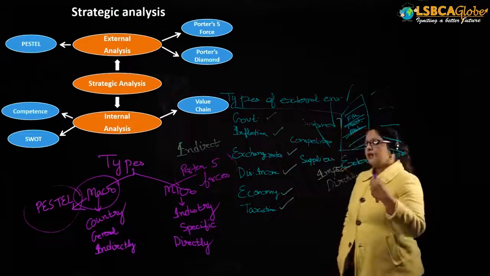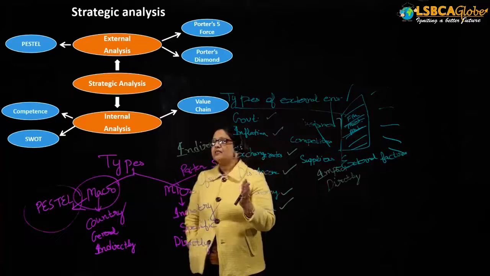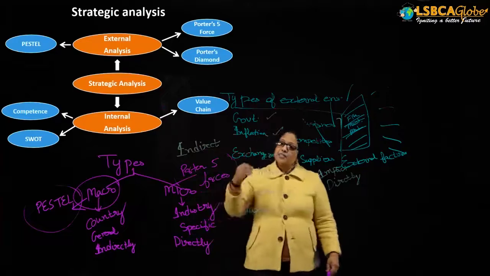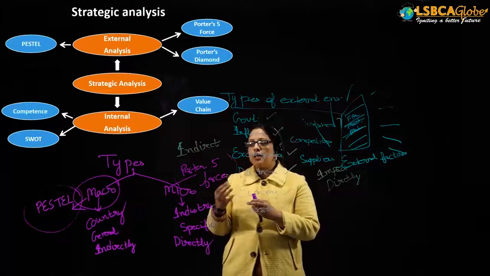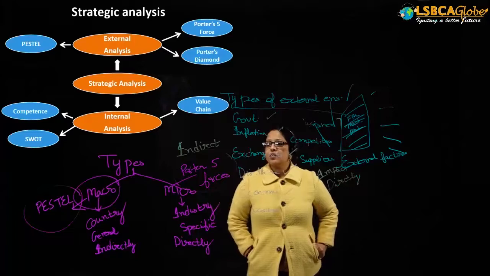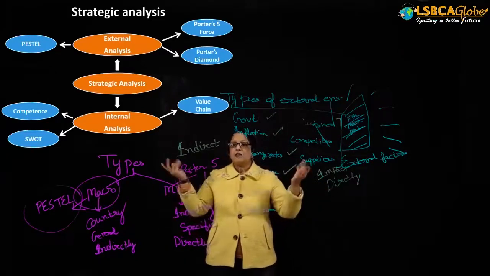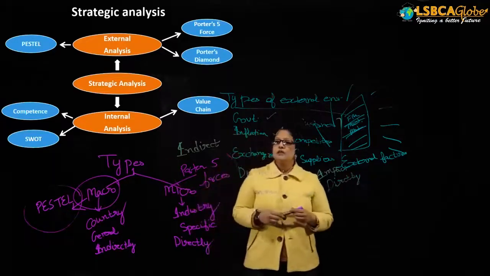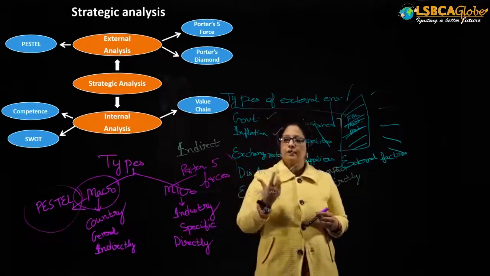Now, if the examiner says, analyze the external environment of the company, the external environment includes the micro and macro. It includes the PESTLE model as well as Porter. Now you can tell me which model to use, class? Because the examiner says analyze the external environment, I know I can use PESTLE, I can use Porter. Which model to use then depends upon the information given in the paper.